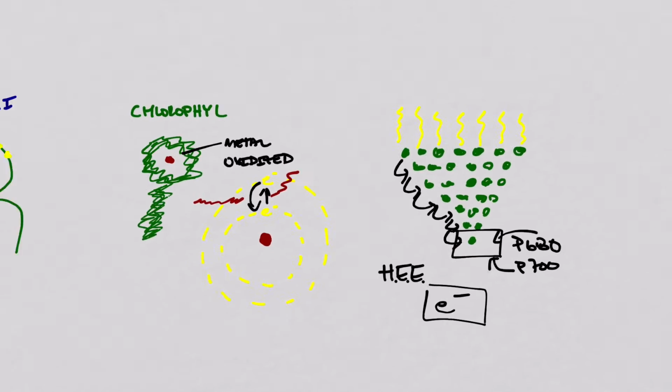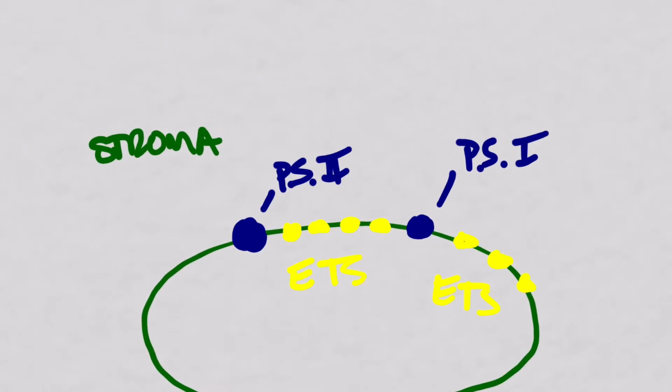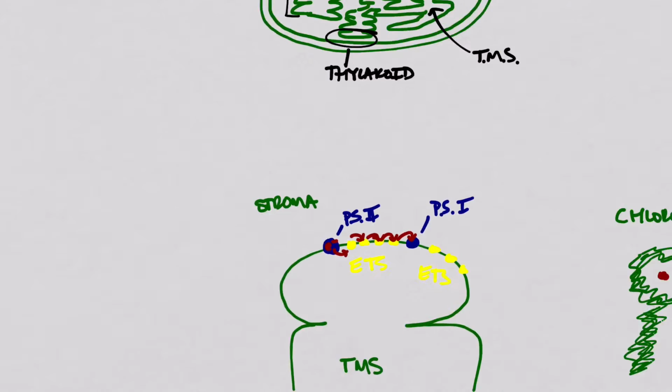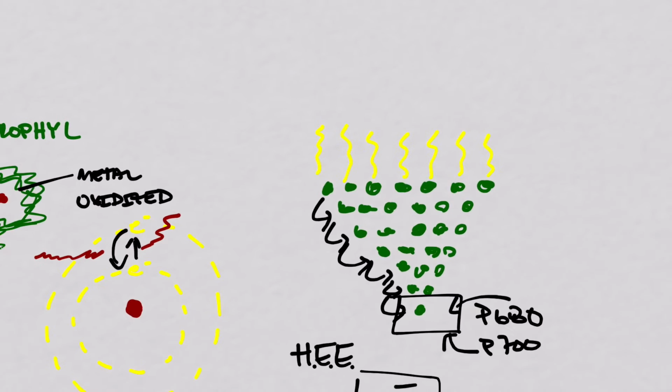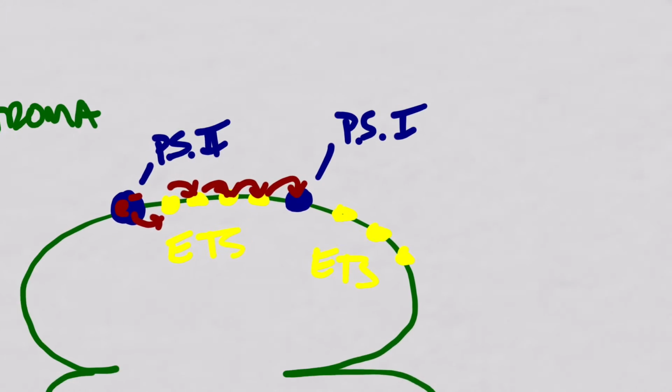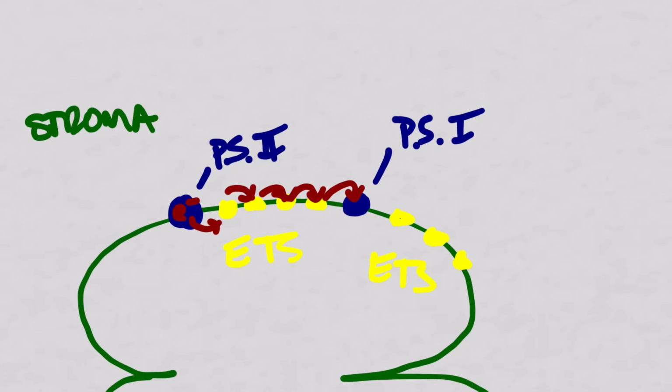It will be passed on to the ETS right here. So we're going to lose an electron from PS2, and it will go down this electron transport chain and do useful cellular work. It's then passed back on to photosystem 1, where the same thing happens. We have this cascade of energy coming down, exciting this electron again, so we get another HEE, high energy electron, which again will be passed down this ETS right here.